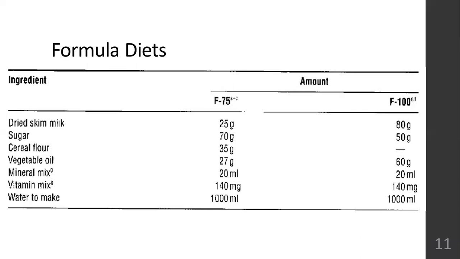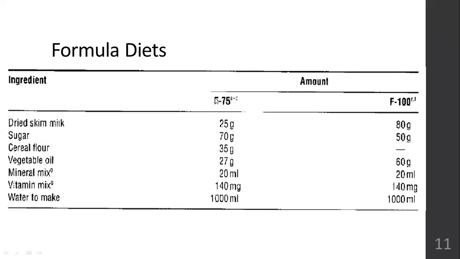Next is the diet part, formula diets. Formula diet is the basis of your rehabilitation phase in wards. Once the child is in the ward, or even on the second to third day of ICU, F75 can be started. So what is this F75 and F100?